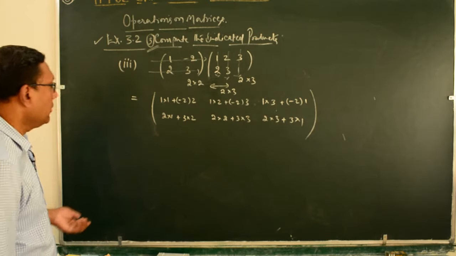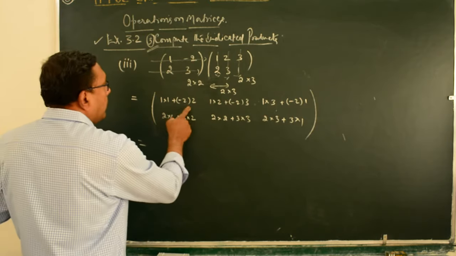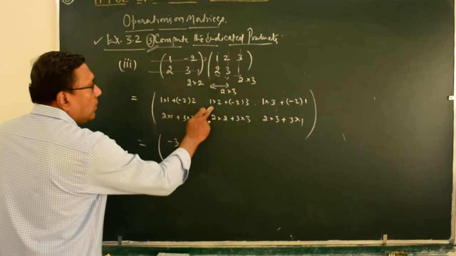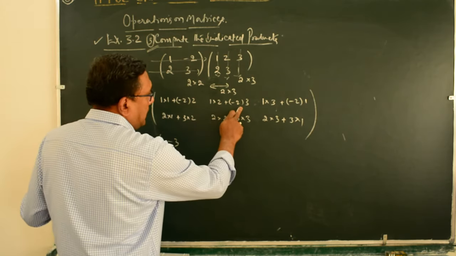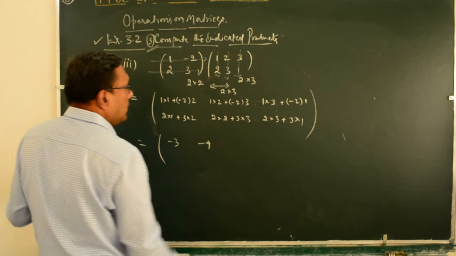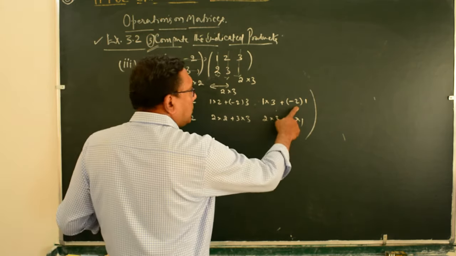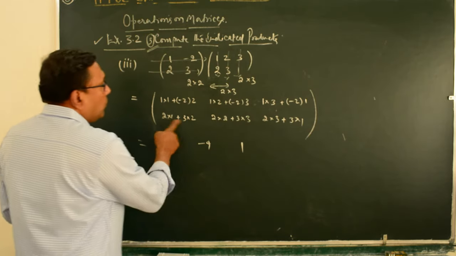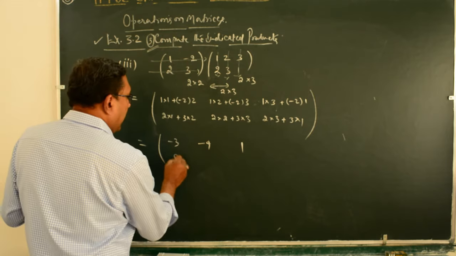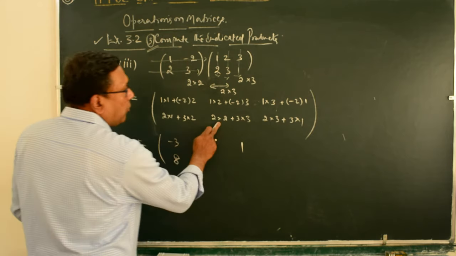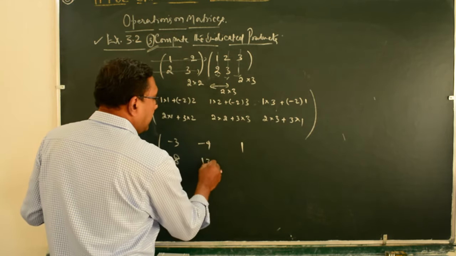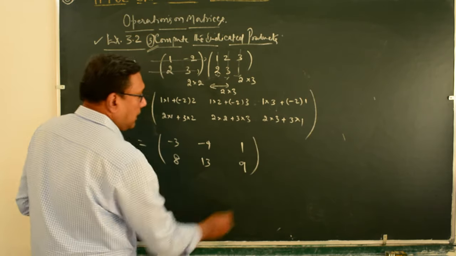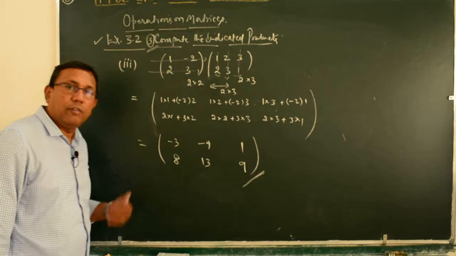We'll see what is the answer. 1 into 1 is 1, 1 minus 4 is minus 3, 2 minus 6 is minus 4, and 3 minus 2 is 1, 3 minus 2 is 1, 2 and 6 is 8, and 4 and 9 is 13, and 6 and 3 is 9. This is the resultant matrix when we do the product.